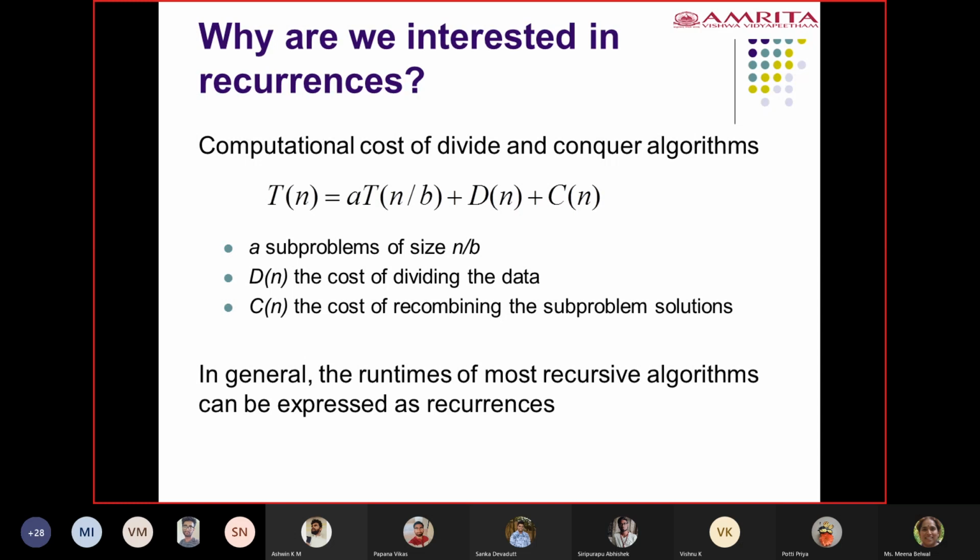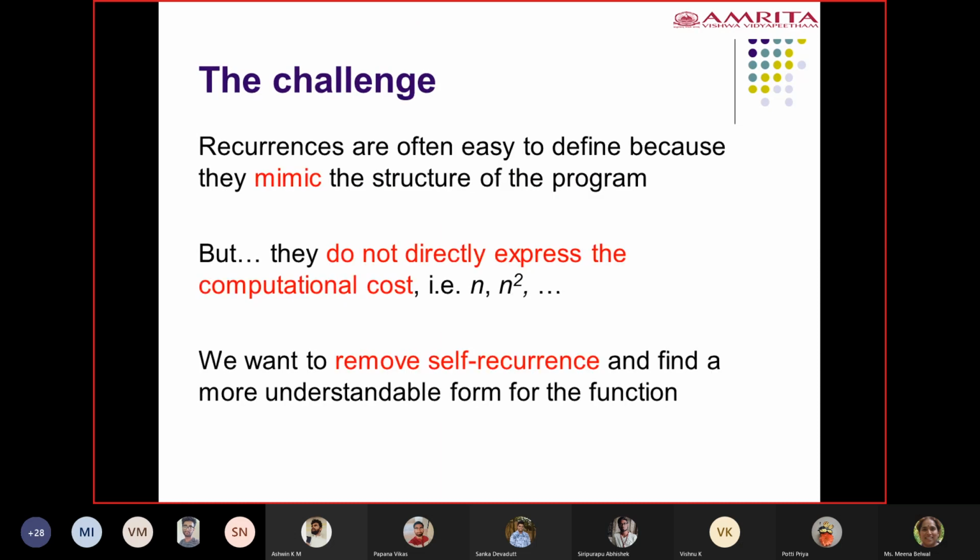In general, why are we interested in recurrences? The running time of most recursive algorithms can be expressed as recurrences. Wherever we have a recursive kind of algorithm, we can most of the time use recurrences there. Now the challenge is that recurrences are often easy to define because they mimic the structure of the program, but they do not directly express the computational cost.